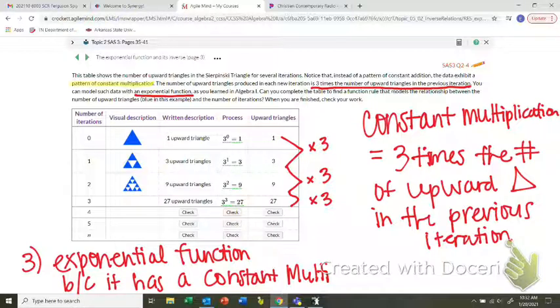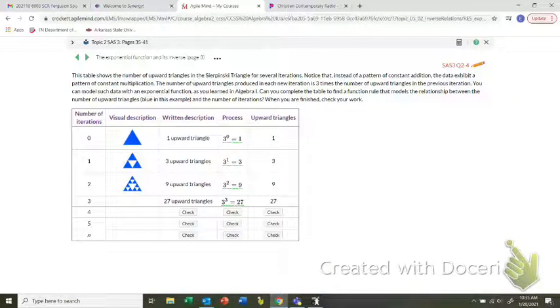Okay? Now, flip over to number 4 on the back, and we want to figure out the rest of this triangle. Before you hit check, I want you to try to work this on your own.